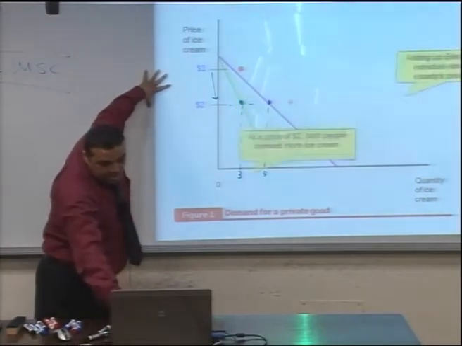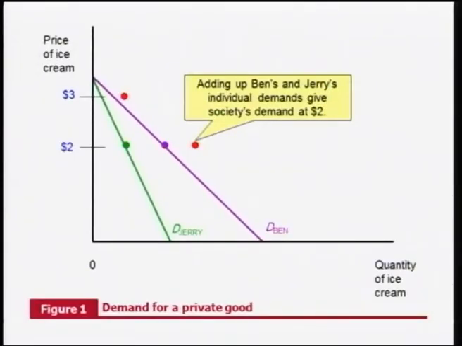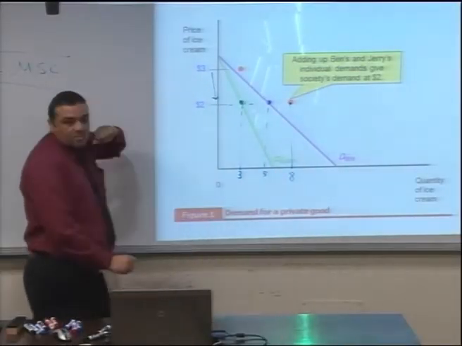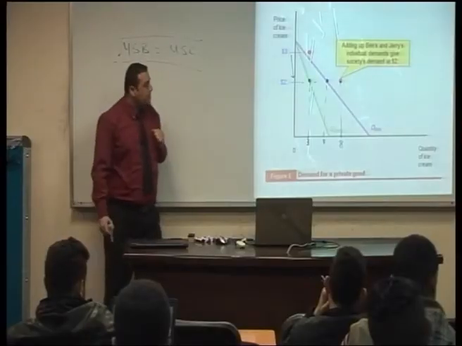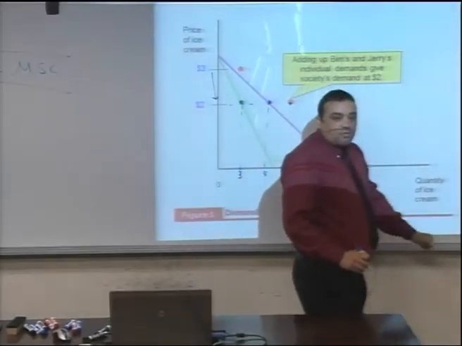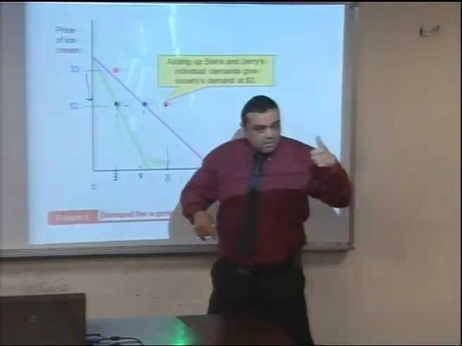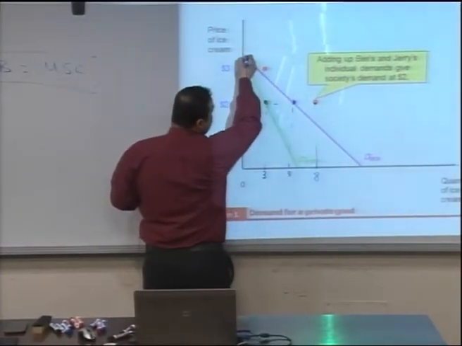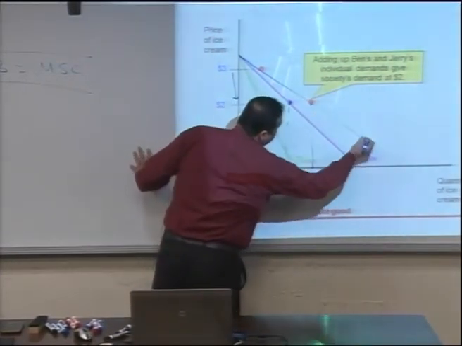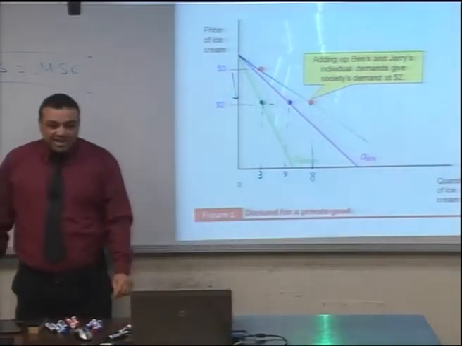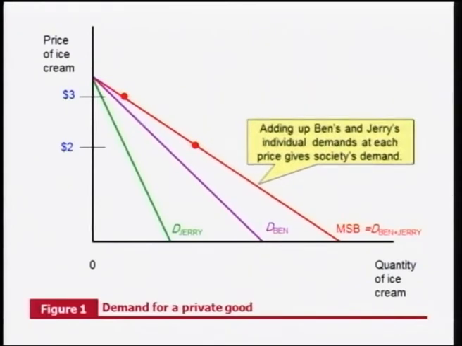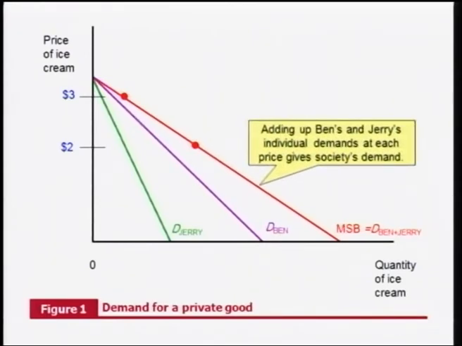So how much is the total here? Should be 8. So we can derive the demand curve for the community for Jerry and Ben by connecting these points. This is the total demand curve for the community, or the marginal social benefits, as we explained before.